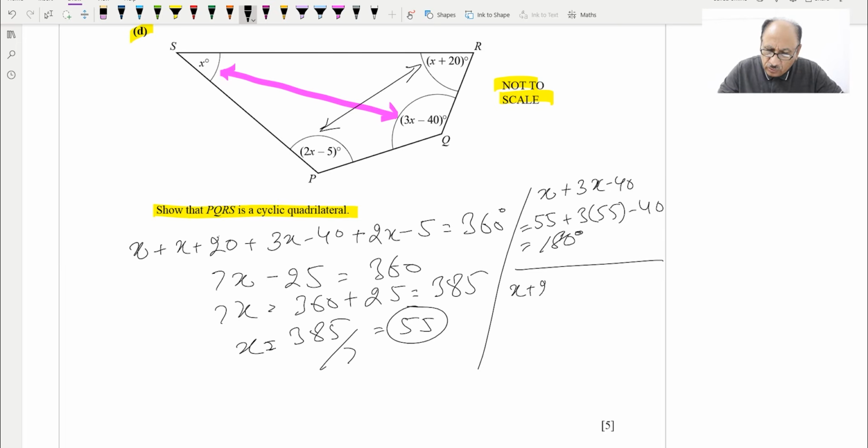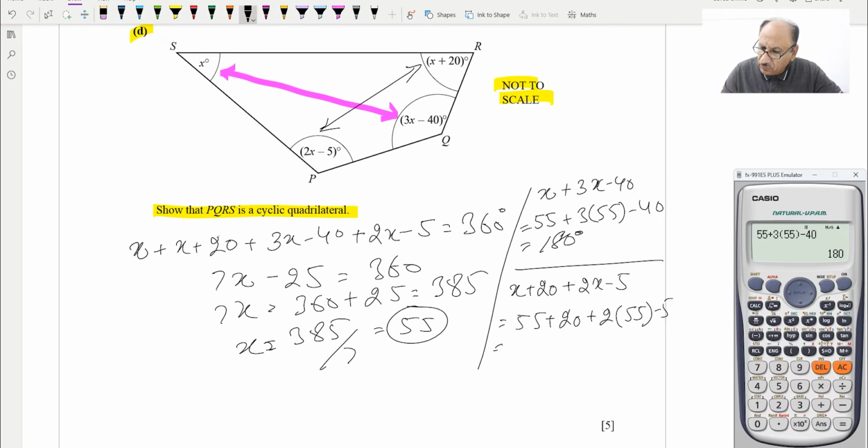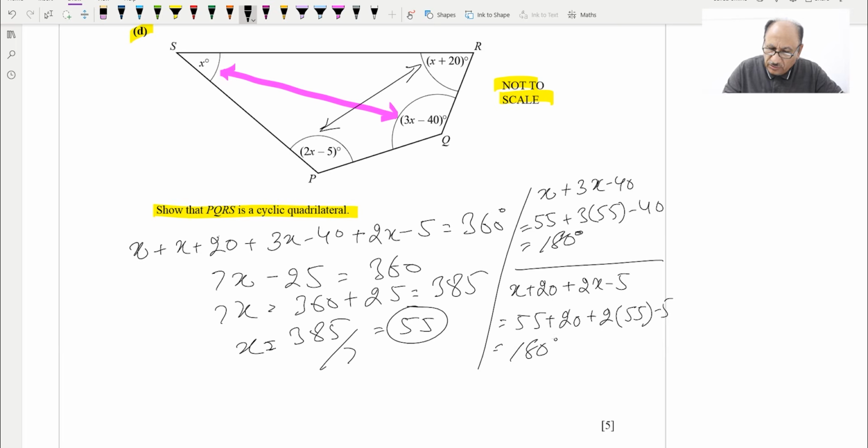So x plus 20 plus 2x minus 5 will be 55 plus 20 plus 2 into 55 minus 5. If we put it in the calculator, this gives again 180 degrees.